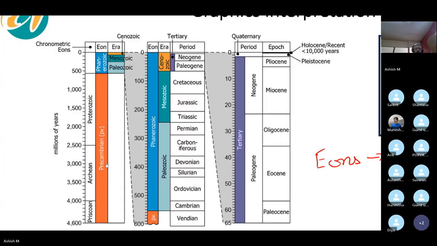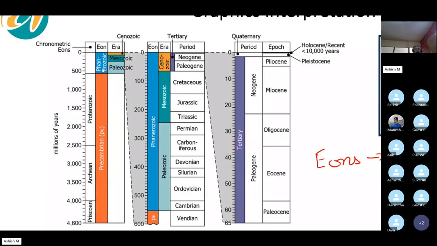So now, for example, if we look at Precambrian eon. So Precambrian eon started since the formation of Earth, which was 4,600 million years back. And it continued till when? Approximately 580 million years ago. Correct? And for the past 580 million years, it has been Phanerozoic eon.